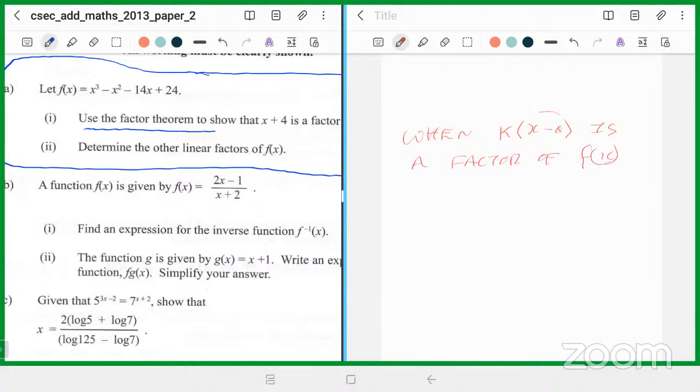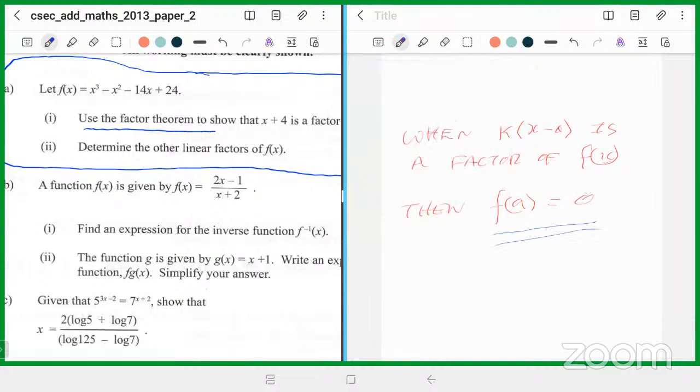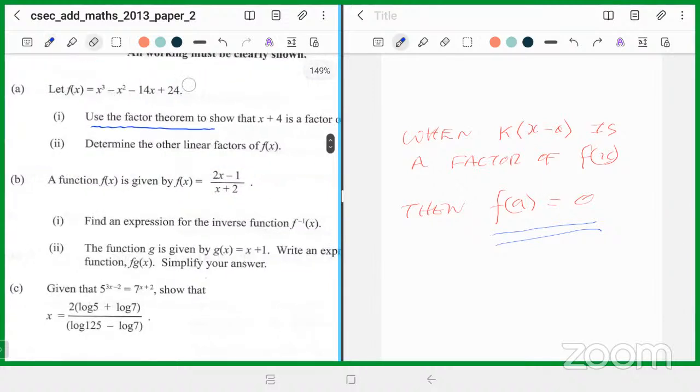If this is a factor, then f of a will be equal to 0. So I think they want you to do this and show that f of a equals 0. So they want you to put the a in there. They don't want the long division because it is a theorem they want. All right? Yes, good question.